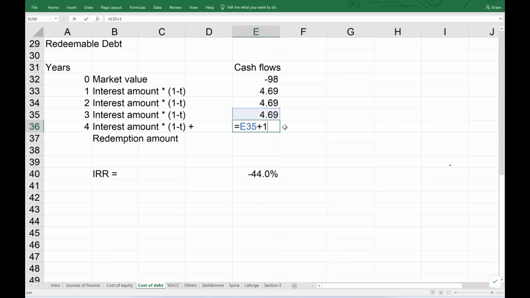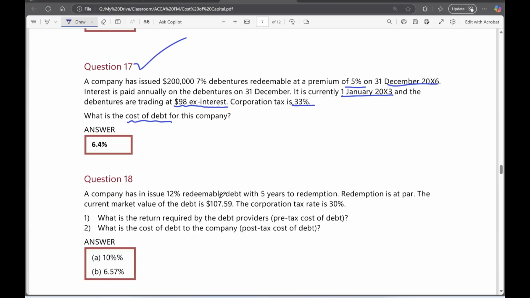So plus 105. So 6.4% is the answer. 6.4% is the answer here. Yes. This is the way to find the cost of debt of the redeemable bond. Let's move to the next topic.